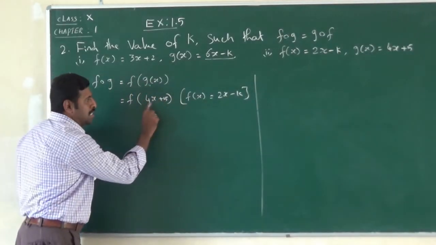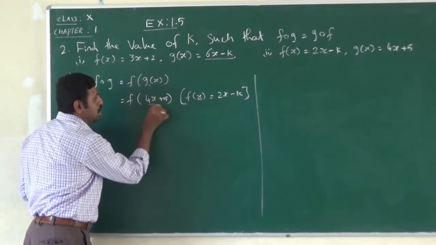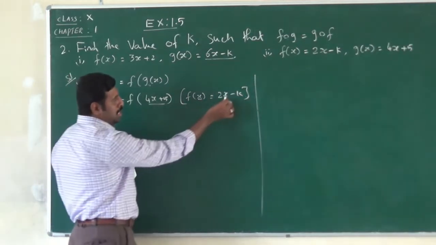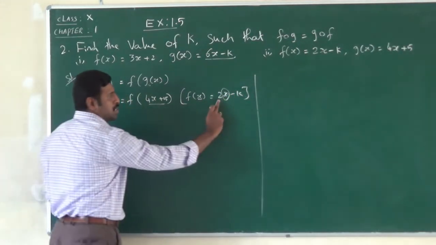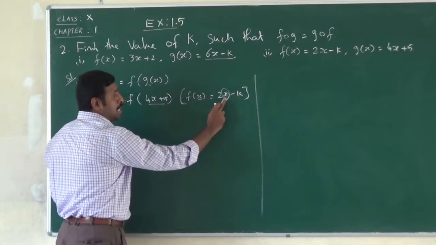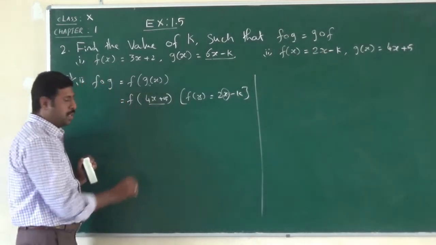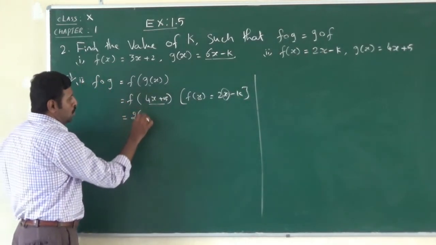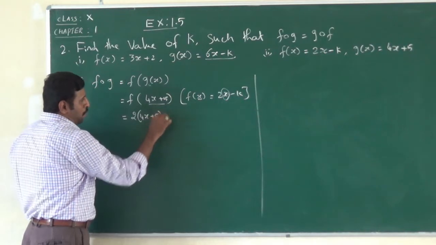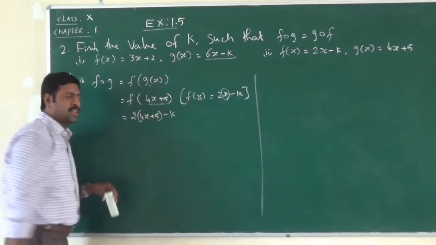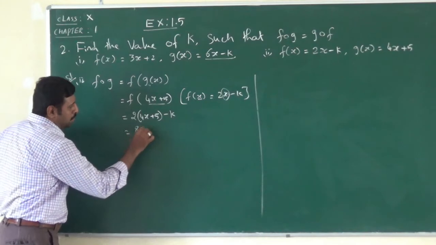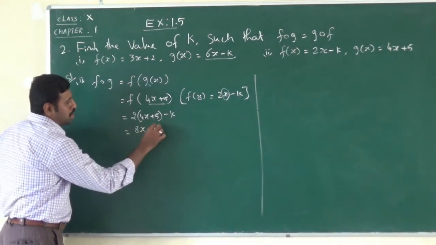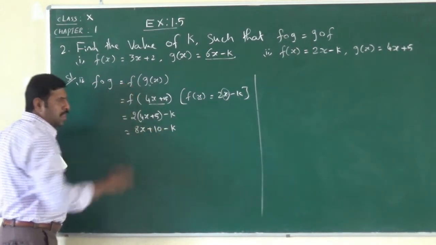In the place of x we have 4x plus 5, so here in the place of x I am going to apply this value. The function 2x minus k becomes 2 times 4x plus 5, minus k. Now multiply the 2 inside: 2 times 4 is 8x, plus 2 times 5 is 10, minus k.